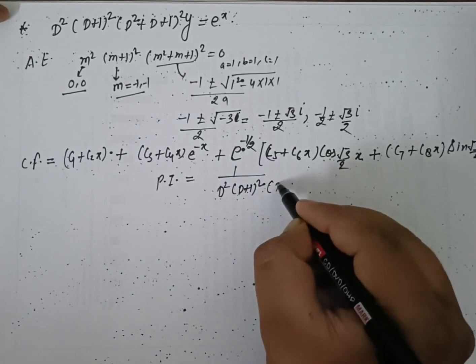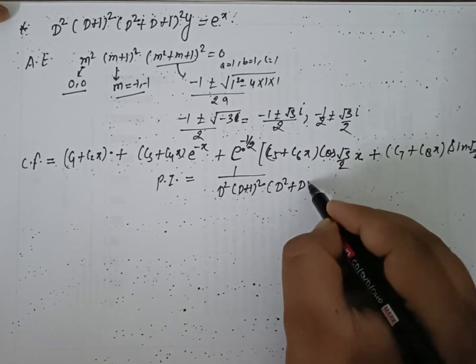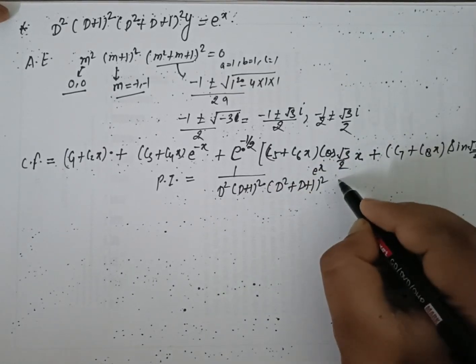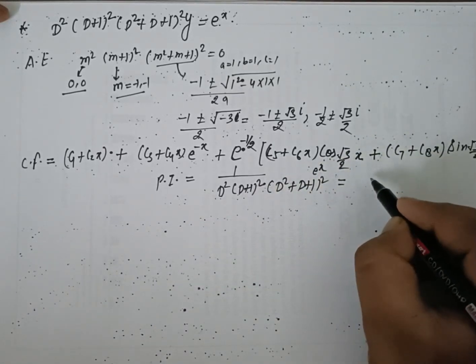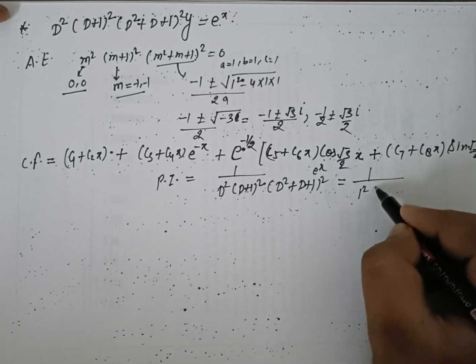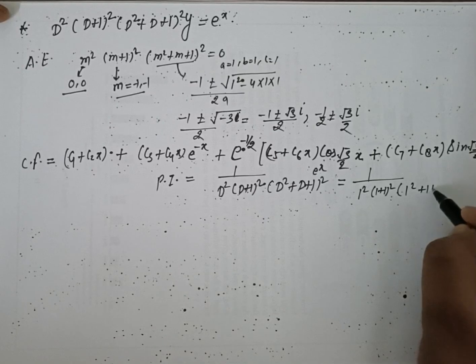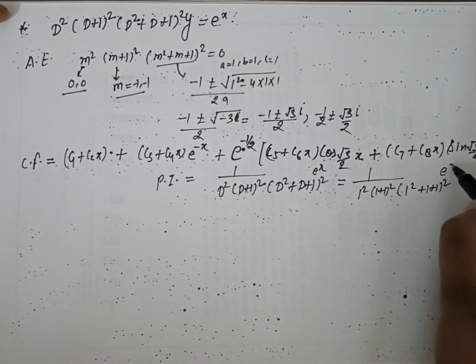Now for the particular integral, you can write 1 upon D²(D + 1)²(D² + D + 1)² e^x. Obviously, simply you will write here 1 in place of D. So you will get 1², (1 + 1)² and (1² + 1 + 1)² e^x.